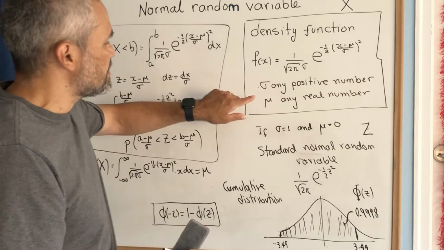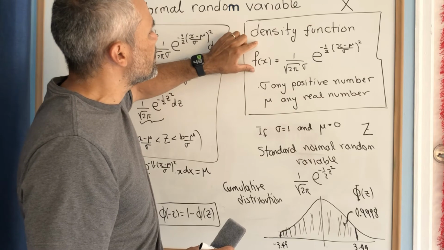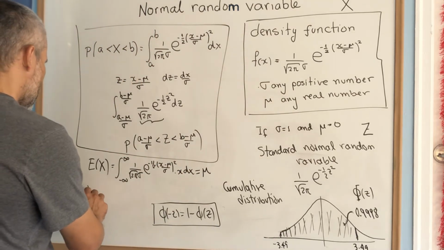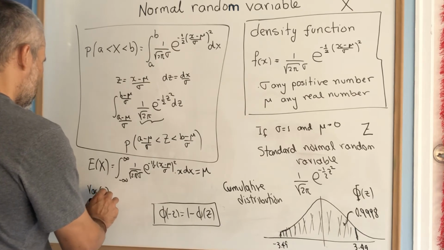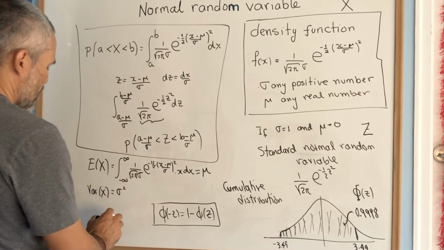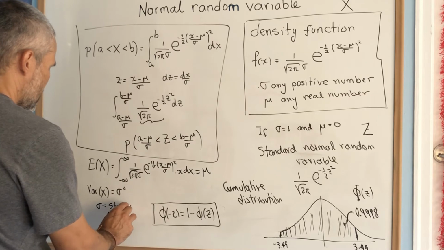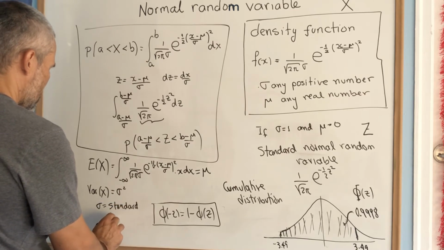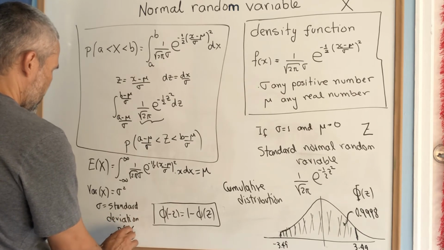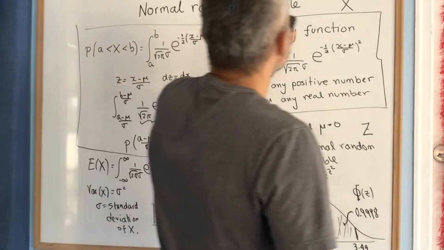Then the reason for this name is that if you compute the expected value of this density function, you get mu, and also if you compute the variance of X, you can check when you do the integral that this is sigma squared. That means that sigma is indeed the standard deviation of X. Let me organize this information a little better.